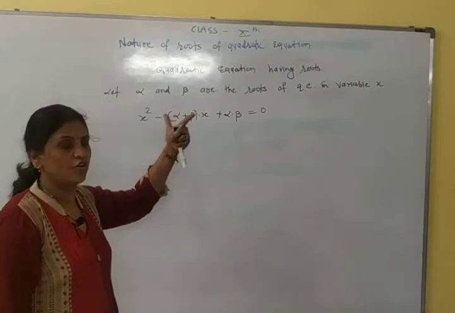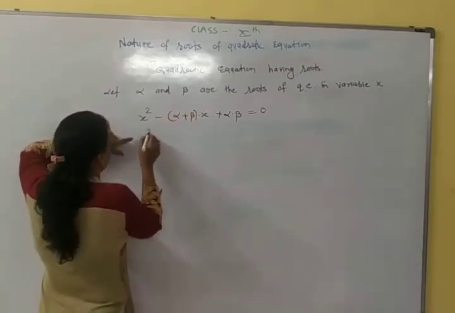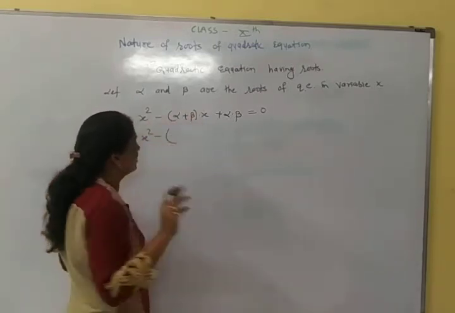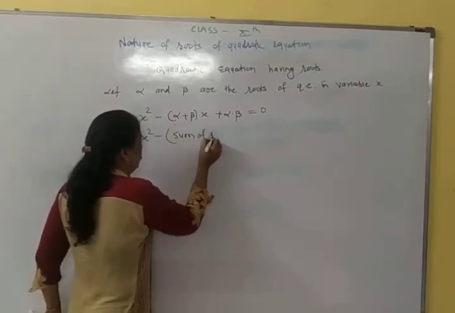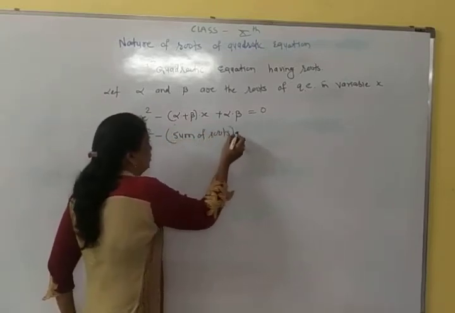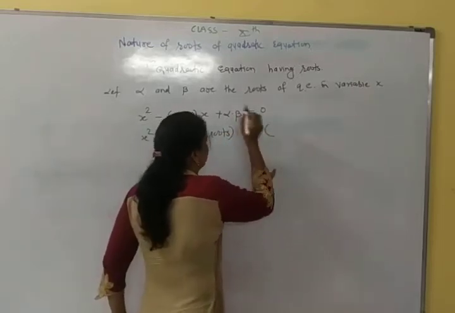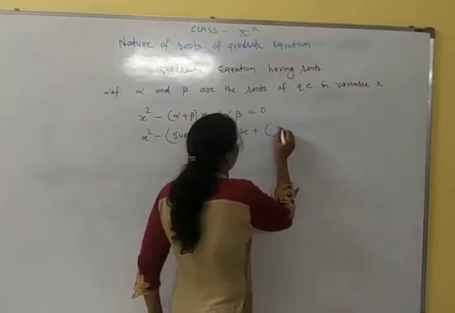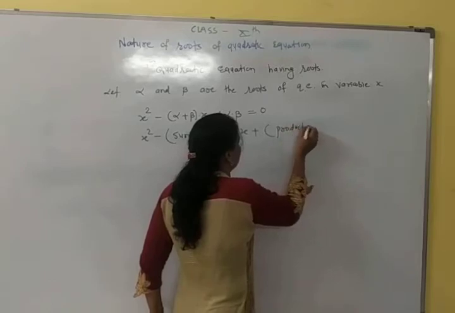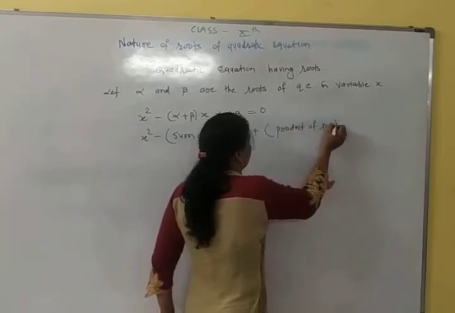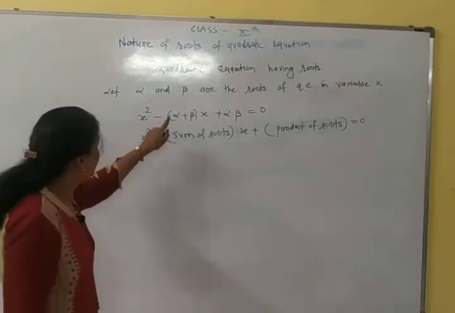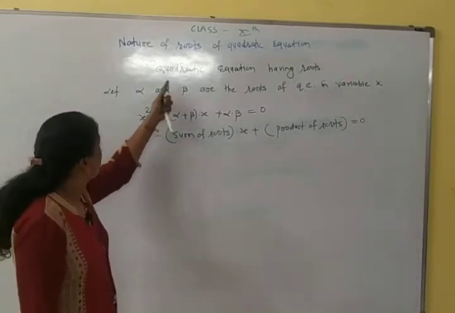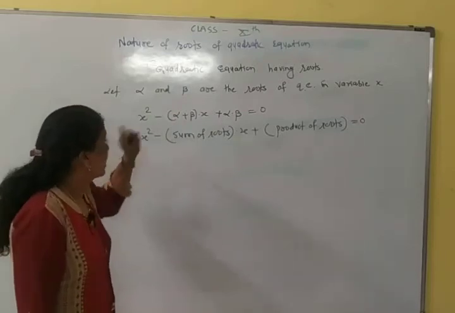Here alpha plus beta is the sum of roots, and alpha into beta is the product of roots.